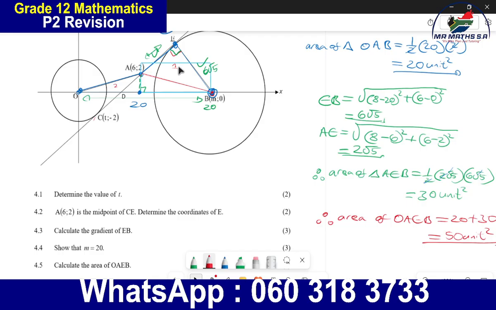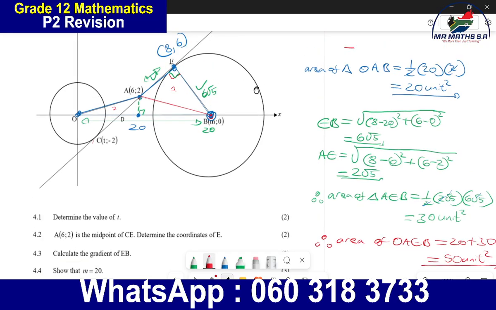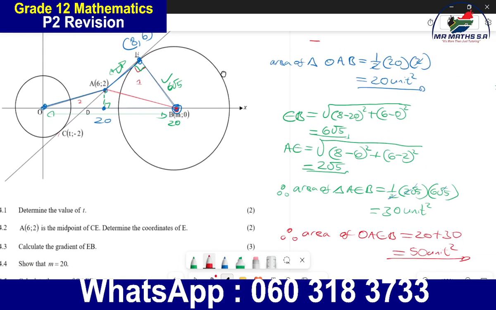It's a 1/2, open brackets 20 as the base, close brackets. Then open brackets again, the focus 6, then close brackets. No, that was the mistake.